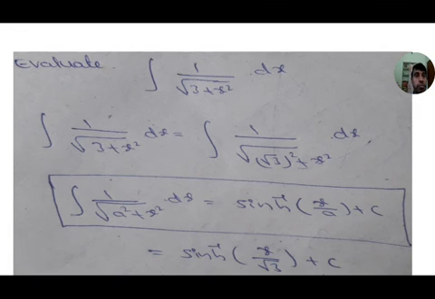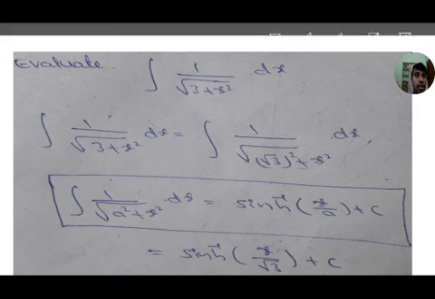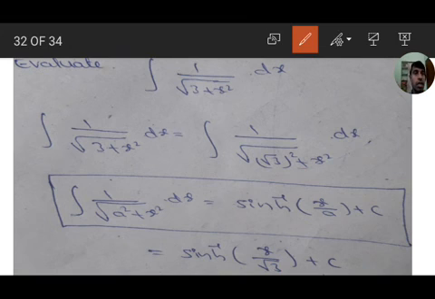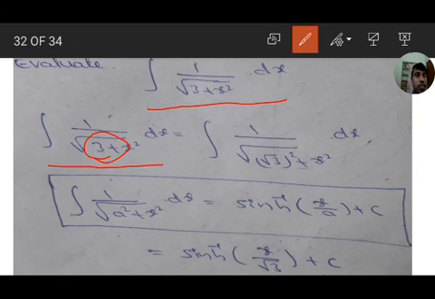Next problem. Evaluate integration 1 by square root of 3 plus x square dx. It is a direct formula. 3 is not a perfect square, so it can be written as root 3 whole square plus x square dx.